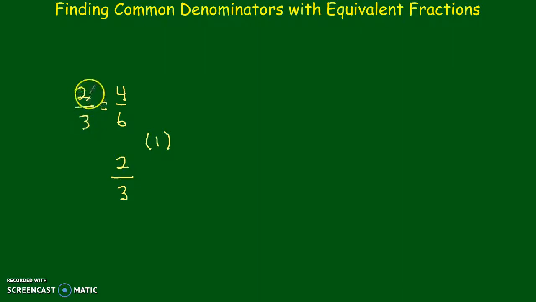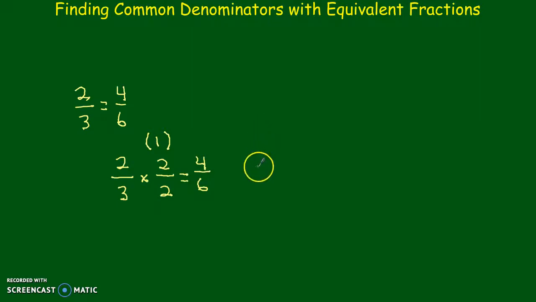To do the same thing to both, we'd have to multiply by 2. So we're going to multiply by 2/2, which is going to give us 4/6. So 2/3 times 2/2 equals 4/6.